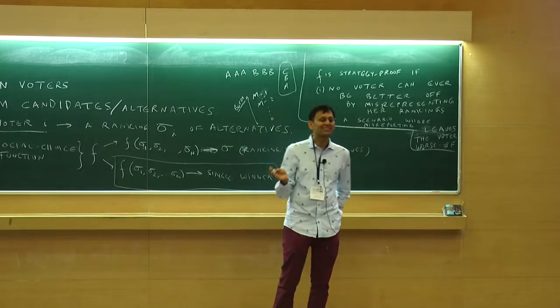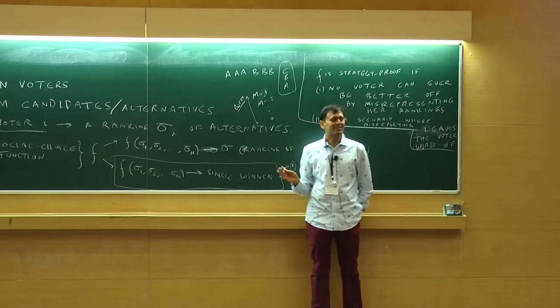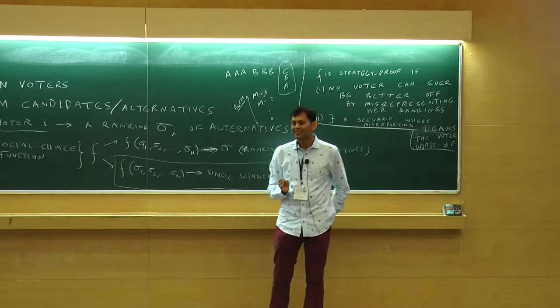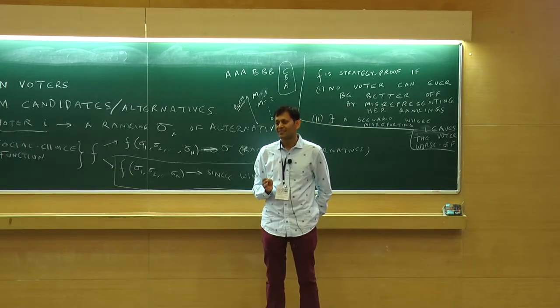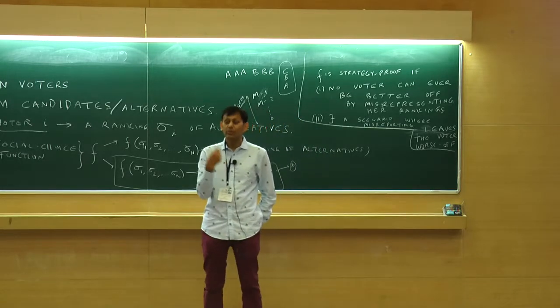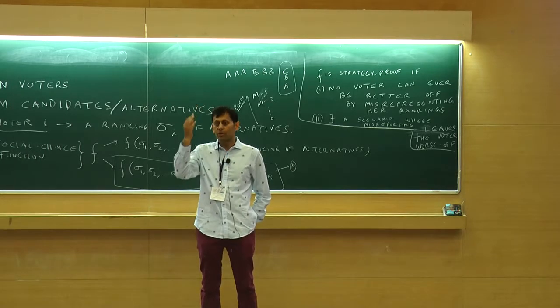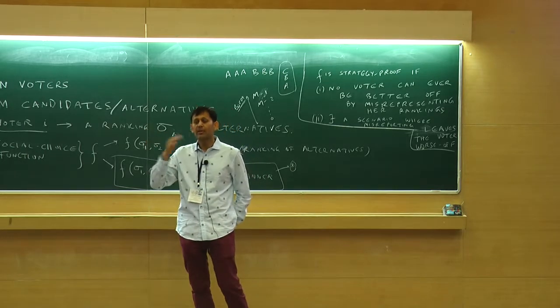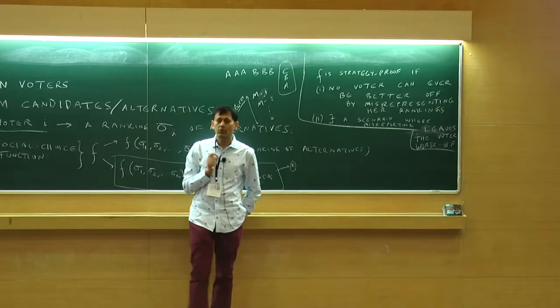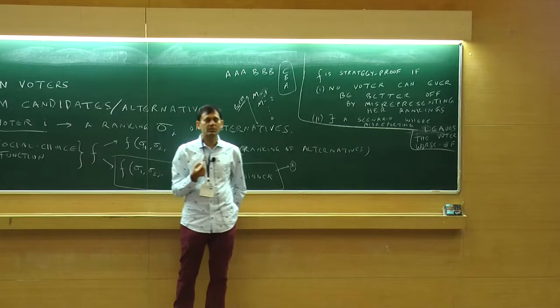Even weaker. Yes, the claim is that if I raise a voter, his rank should remain at the same level. That's going to be a consequence, but we don't want to make that an assumption, because I want the theorem to be as strong as possible.